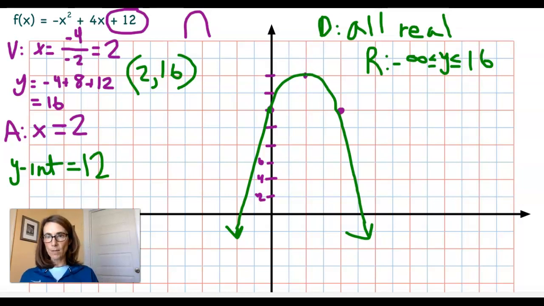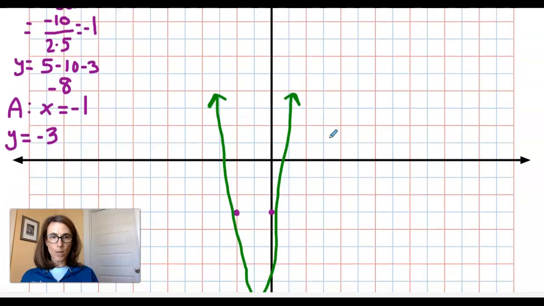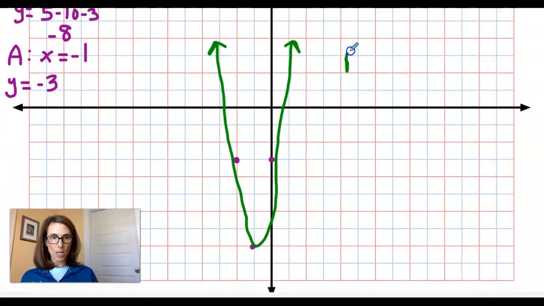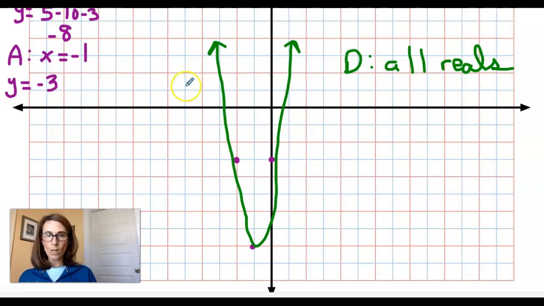So we can go back to this last example here and talk about domain and range. So again, domain is going to be all reals, from negative infinity to positive infinity. There's not a number that you could plug in for x that wouldn't work for this equation.